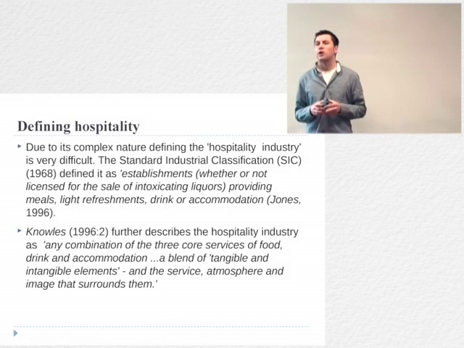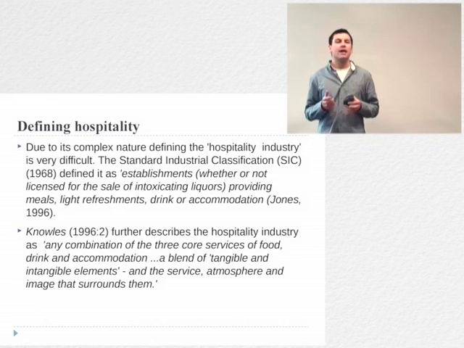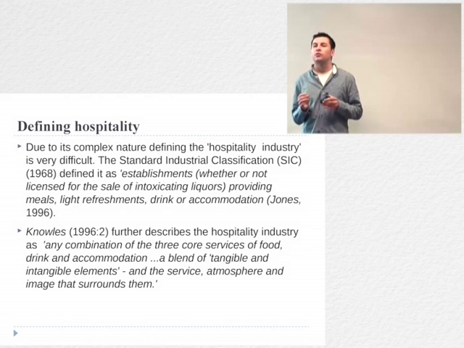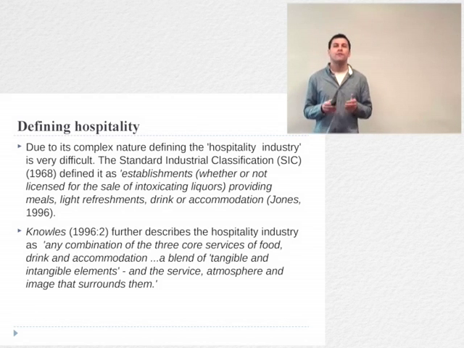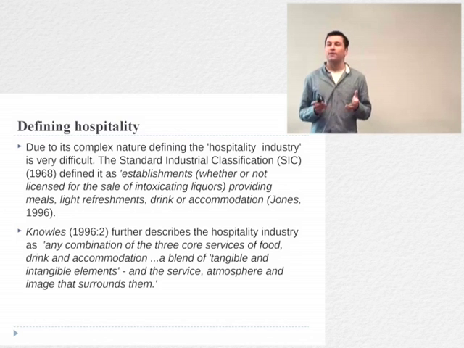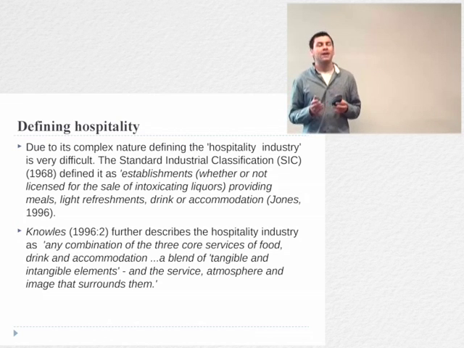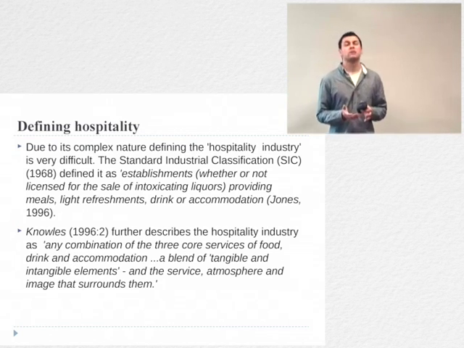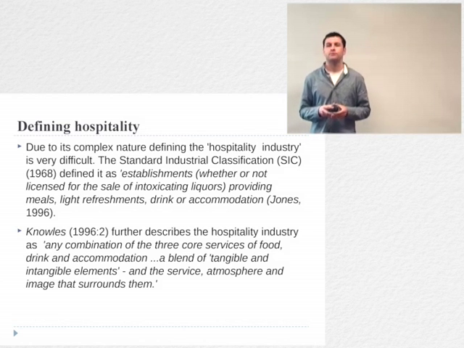Knowles further describes the hospitality industry as any combination of the three core services of food, drink, and accommodation, a blend of tangible and intangible elements, and the service, atmosphere, and image that surrounds these elements.